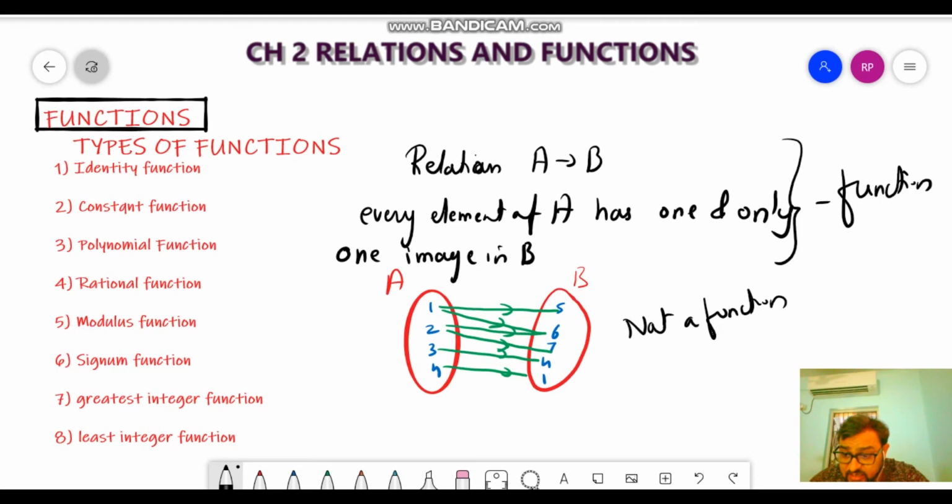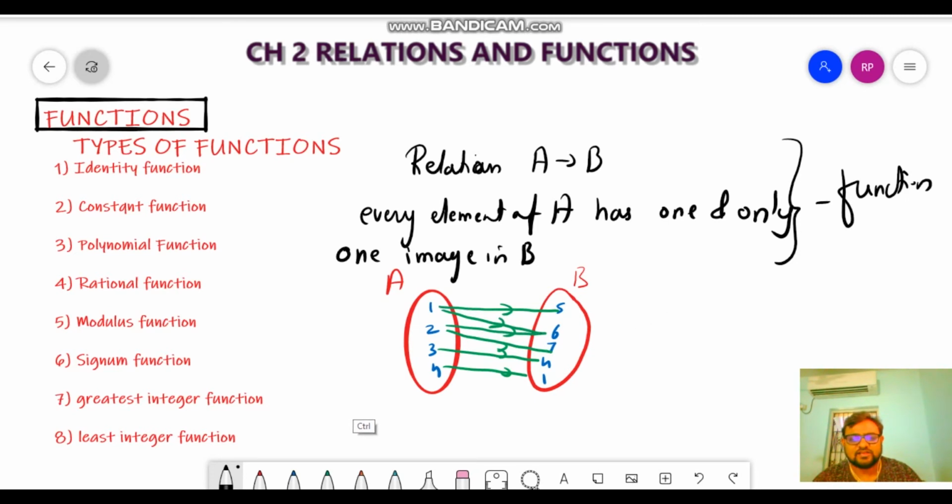The reason is 1 has two images, 5 and 6, and 2 also has two images, 6 and 7. A function will have only one and only one image in B. So this is not a function.